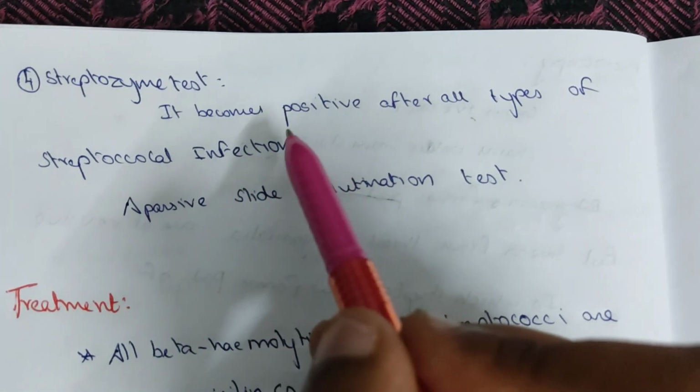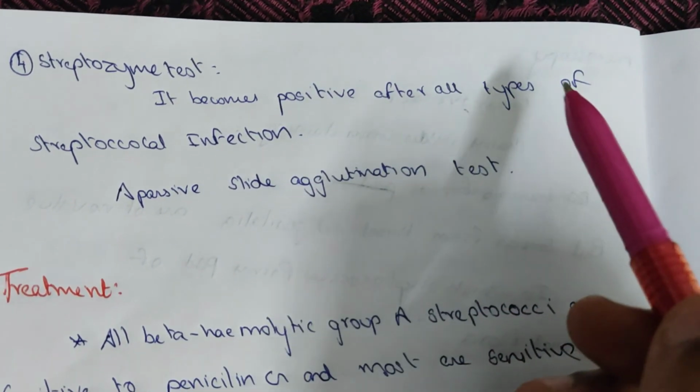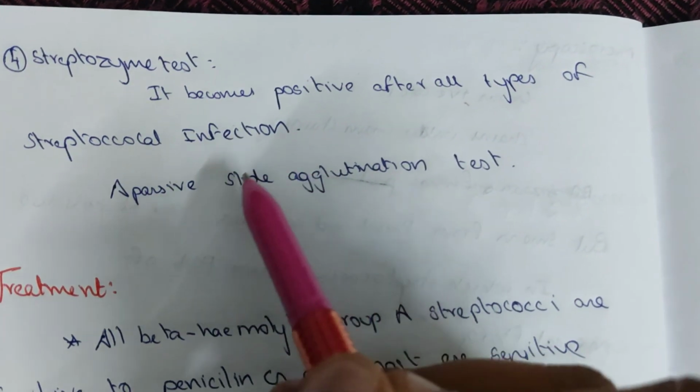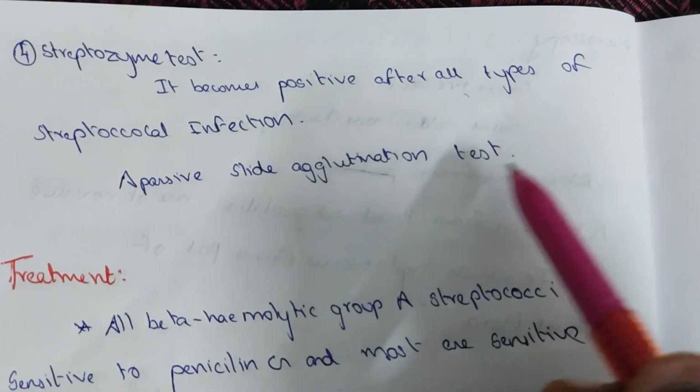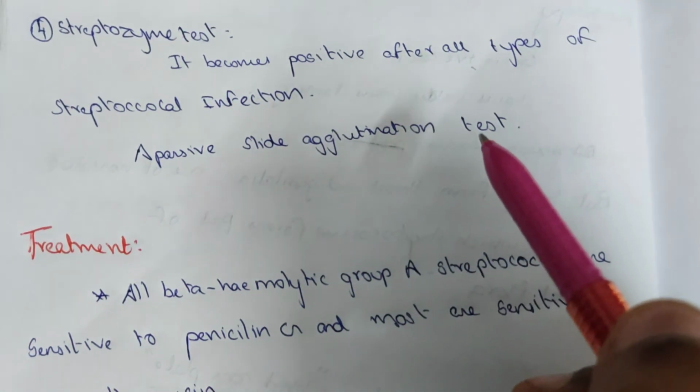The Streptozyme test becomes positive after all types of streptococcal infection. It is a passive slide agglutination test.